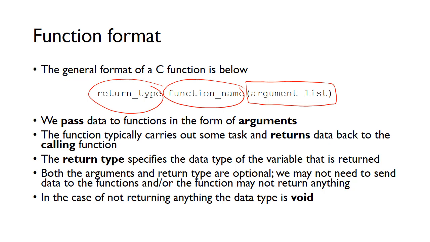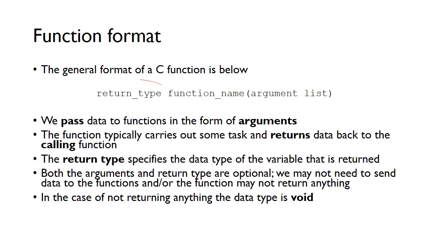This return type tells us what type of variable is being returned. So for this function to calculate the area of a circle, you'll pass the radius to the function, and then the function will calculate the area, and it's probably going to be a float. It's not going to be an integer. So it returns a float variable back, which will contain the area of that circle.